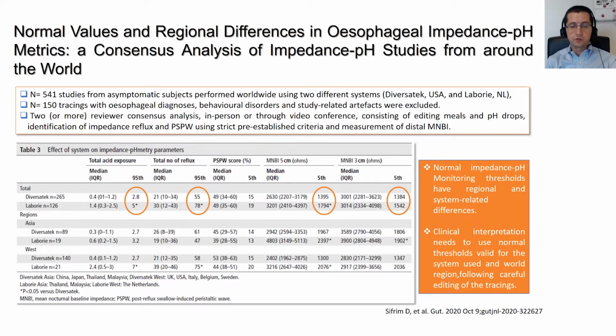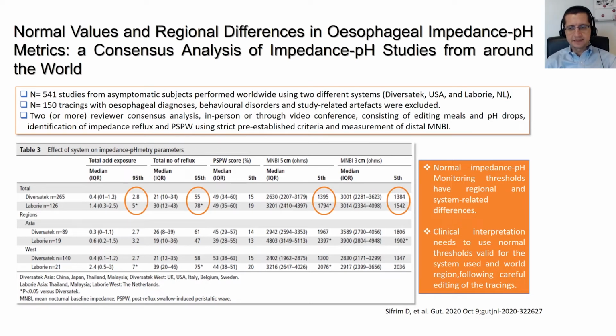Also, an important point highlighted by this study is that there are regional differences in terms of normal values and in terms of instruments that we use. So we conclude that we have to pay particular attention on the normal values of our region and according to the system that are adopted in each country.